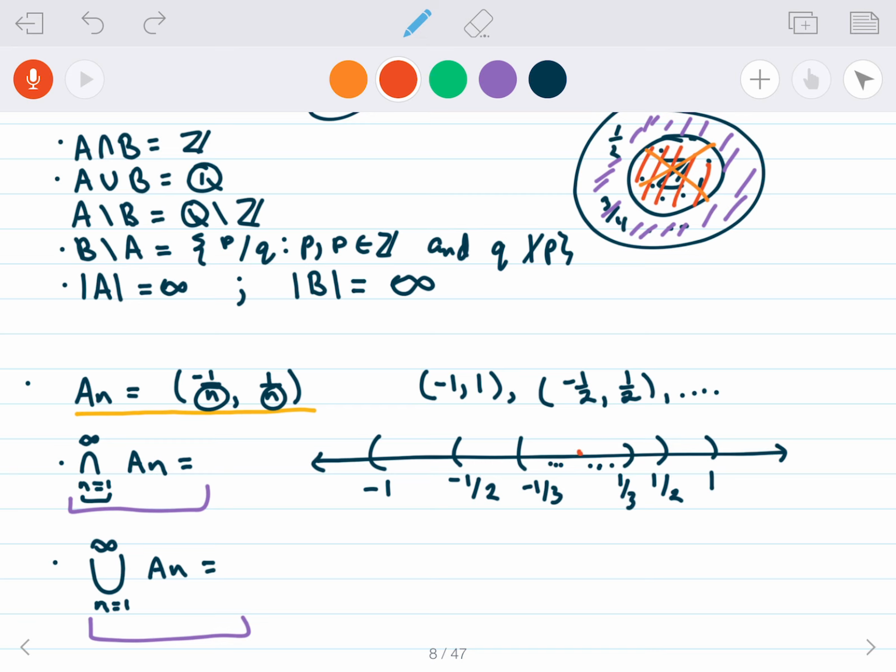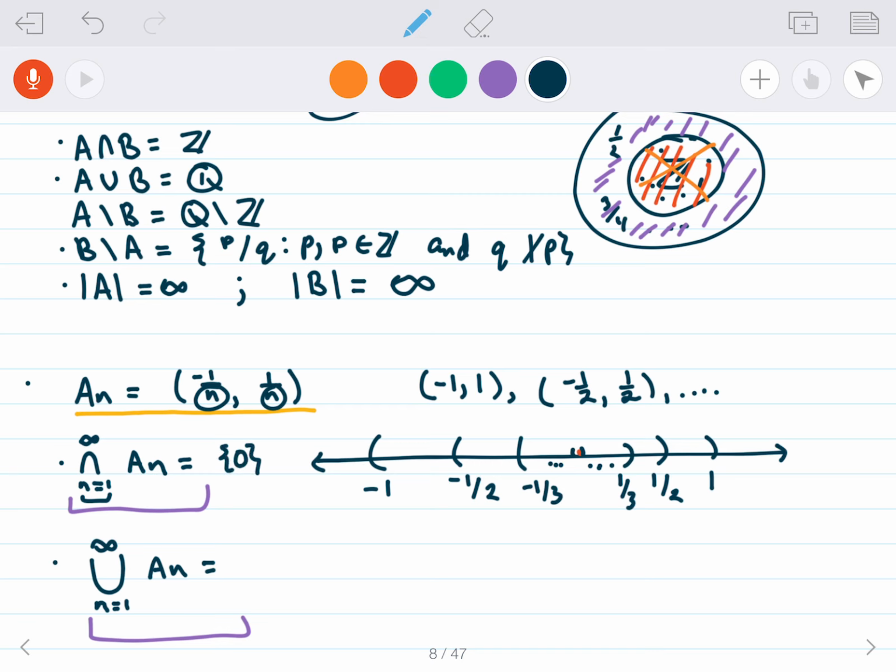So our 0 is going to be right here. And the idea here, which is going to come up endlessly in analysis, is we can make n as large as we want. So if n was like a trillion, it'd be this tiny, tiny little neighborhood around 0, but it's still going to include 0. Okay, that's the idea here. So our intersection is just 0.